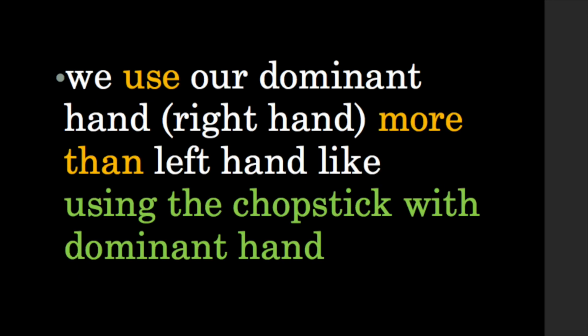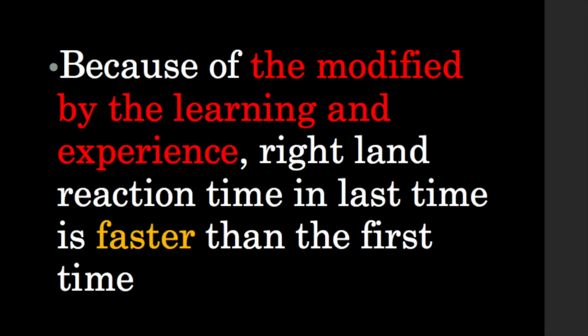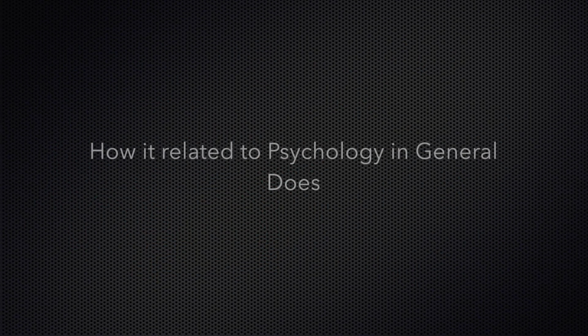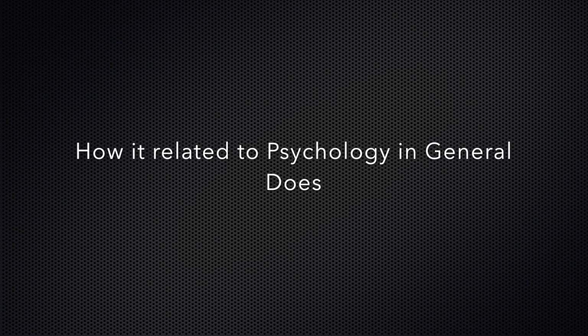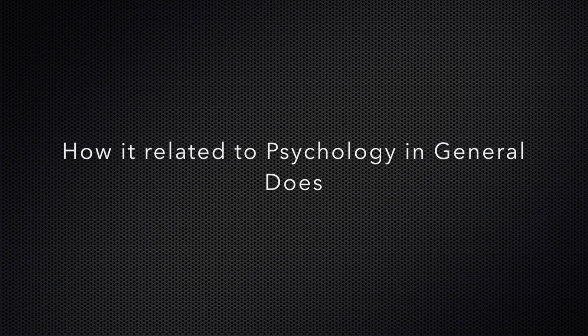We use our dominant hand, the right hand, more than the left hand, like using chopsticks with the dominant hand. Therefore, right hand reaction time the last time is faster than the first time because of being motivated by learning and experience. Finally, we will talk about how this experiment relates to psychology in general.